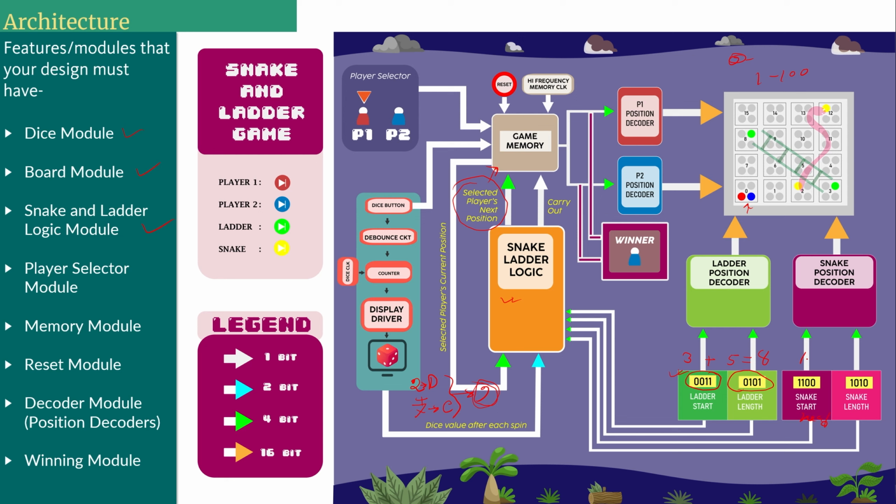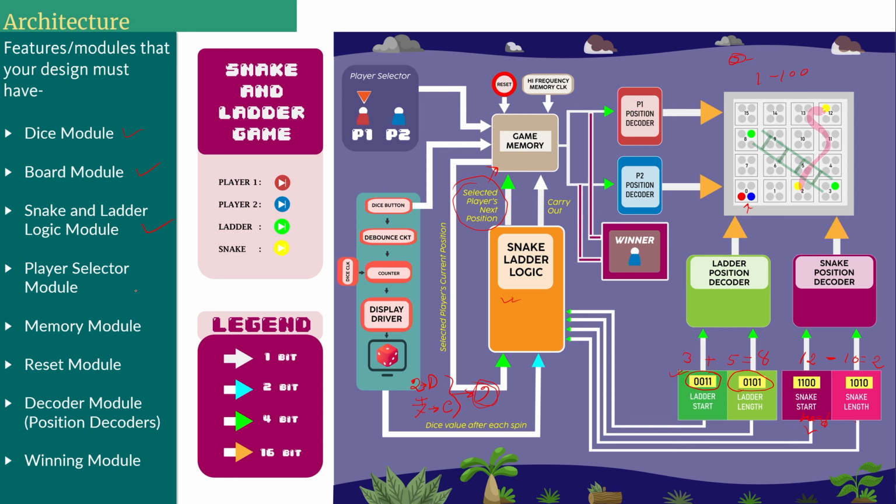The snake head is 12, and the snake length is 10. If you subtract these two values, you get the tail of the snake. So the tail is 2. I will explain this in a bit more detail, but I'm just giving you an overview.